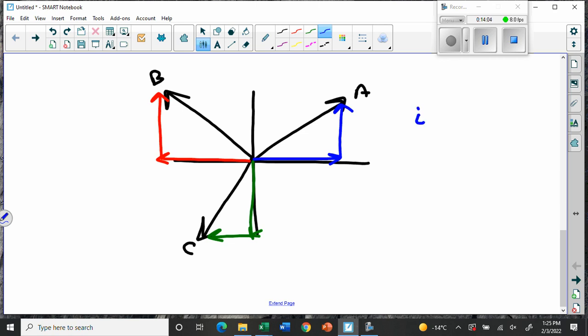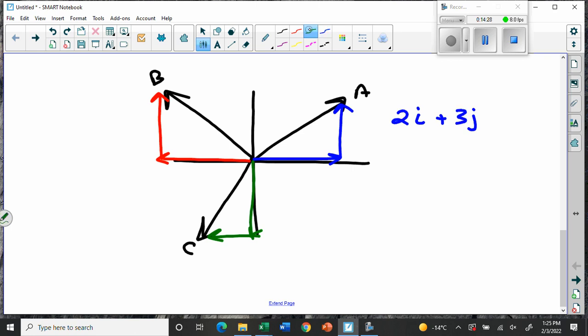Well, the blue vector A is just some movement of i along the x-axis plus some amount of j, right? Those are our unit vectors. Let's say it was 2 and 3, just for fun.